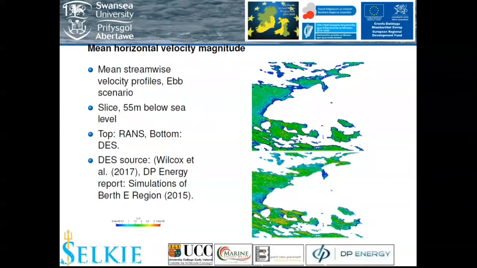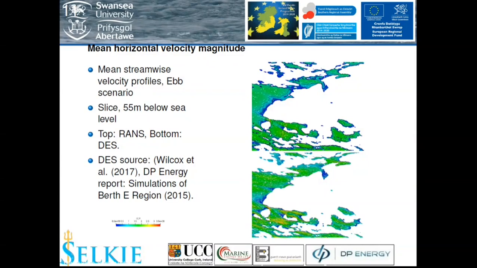Mean horizontal magnitude at 55 meters below sea level is shown in the top image. The horizontal velocities are the magnitude of the U and V velocities, with directions indicated by the overlaid whisker plots. The flow is from right to left.